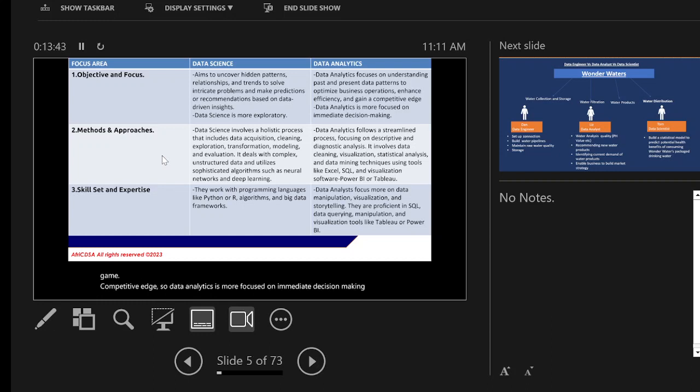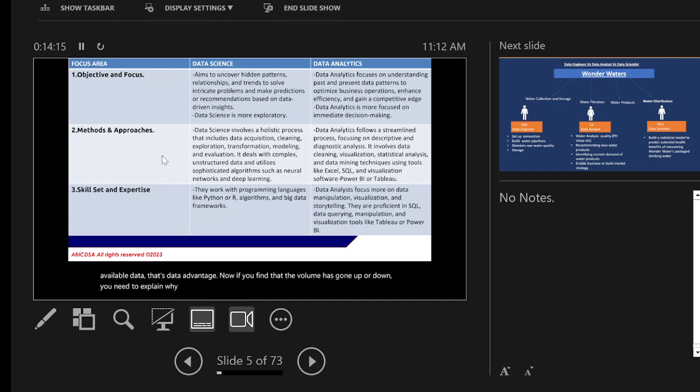Like if you want to know maybe the volume of gas that has been supplied in the past 6 months, maybe the mean and so on. That one you can get it immediately, right? Maybe if it has gone up and down based on the available data. That's data analytics. Now, if you find that the volume has gone up or down, you need to explain why.